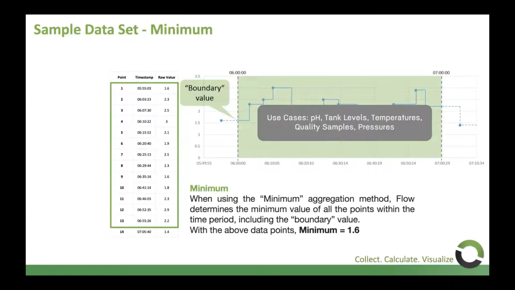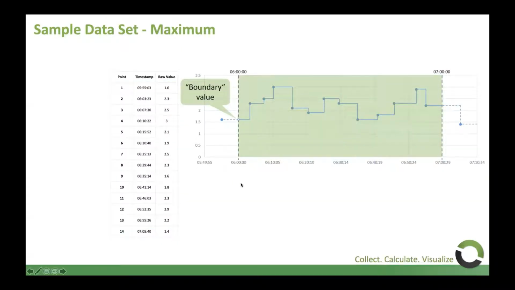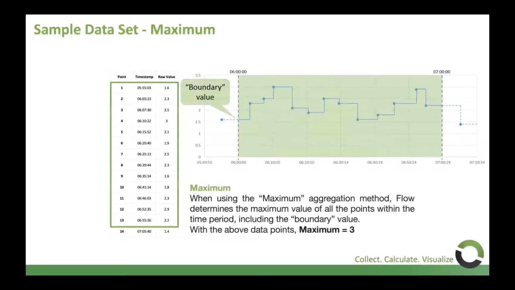The next aggregation that we're going to look at is just the opposite of minimum, and that's the maximum of the hour. And again, as you could have imagined, we will definitely use the boundary value inside of our maximum retrieval. And in this case, if we look at the values in my little sample data set, there's definitely that value there at 10 past 6. That's the biggest value that I've got. So that is 3.